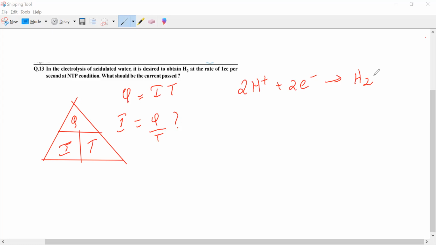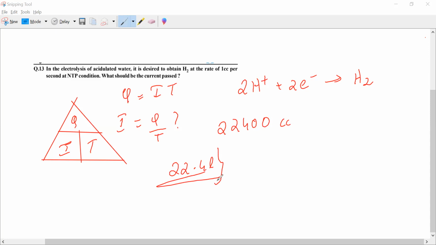Correct? Now, what is the meaning of this? 1 cc per second. So we know that at NTP, what is it basically? It is 22,400 cc. If you don't know what this cubic centimeter thing is, we all know this 22.4 liter, right? Last year also we have studied in volume, concentration, and moles.